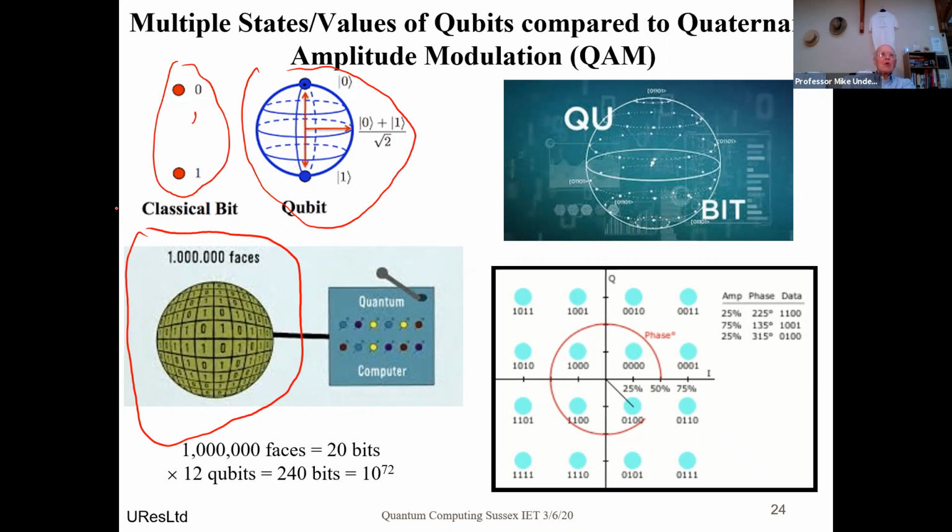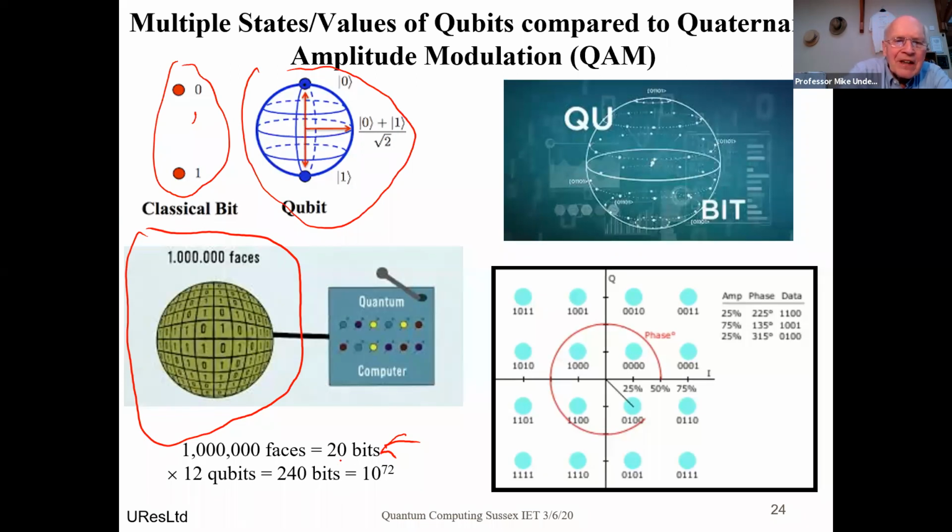Now it's arguable whether those can each be 0 or 1, but down here you can see that the actual number of faces corresponds to 20 bits worth, if you like.